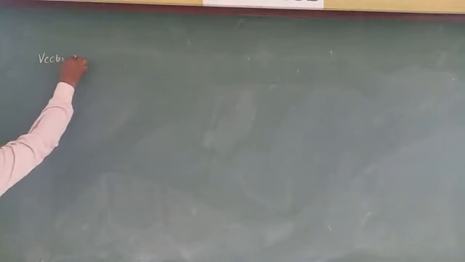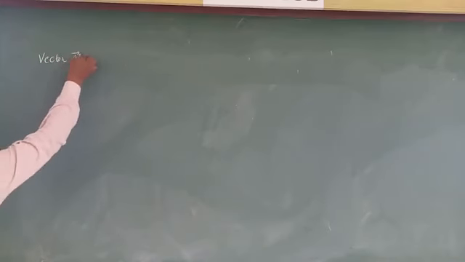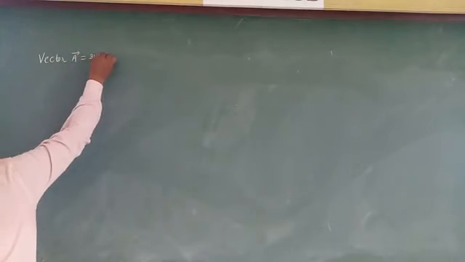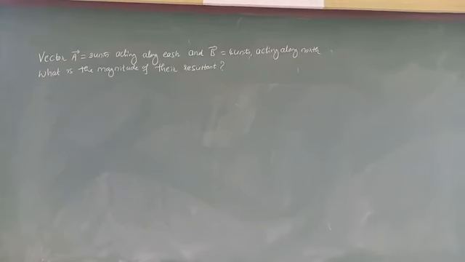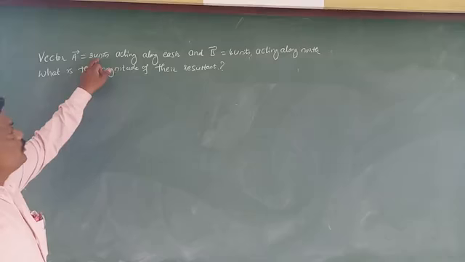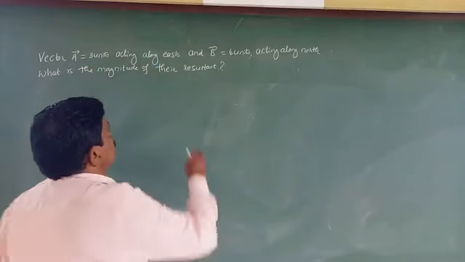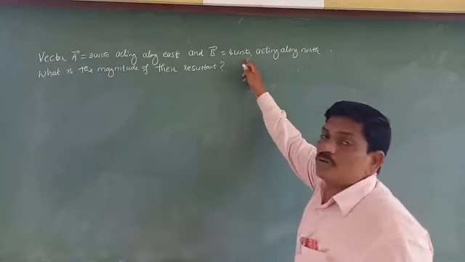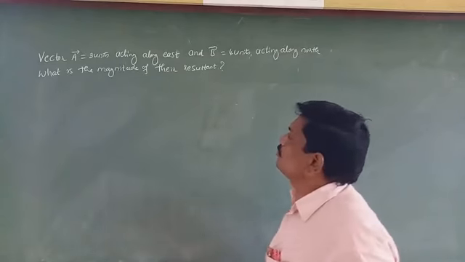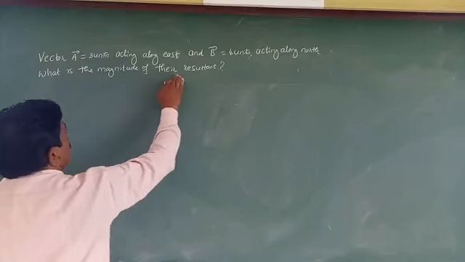The question is, vector A equal to 3 units acting along east, and vector B equal to 4 units acting along north. What is the magnitude of their resultant?